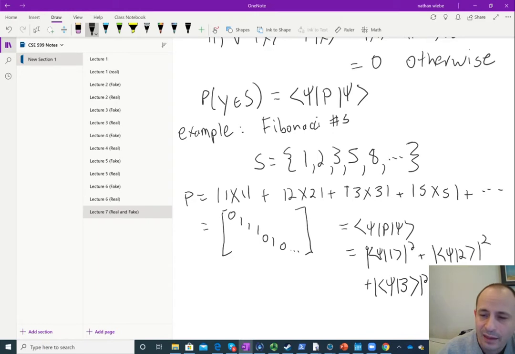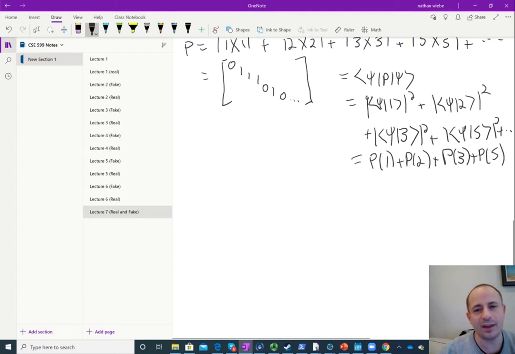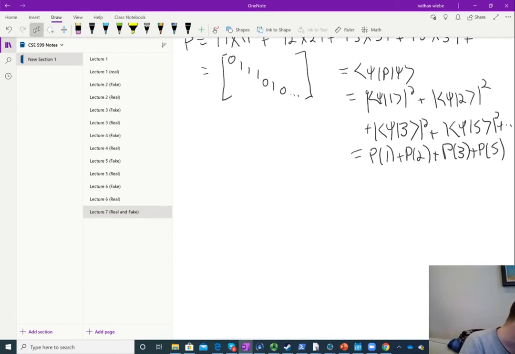So the way to look at it is this is equal to the probability of 1 plus the probability of 2 plus the probability of 3 plus the probability of 5, which is exactly what you end up getting from the rules of probability after recognizing that all of these measurement outcomes are mutually exclusive. And so the probability that you're in a union is just the sum of the probabilities by the union bound, because the intersection is 0. So that's one way we can compute it.